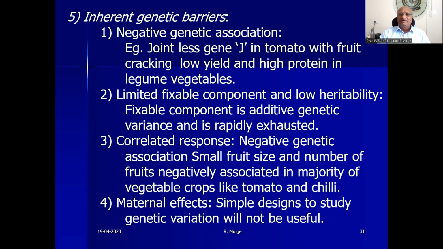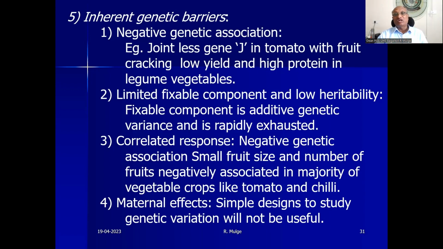For example, one character is favorable for you, but the other, like disease resistance, may be associated with small fruit size, bitter fruit. So many undesirable things can be associated. That itself is the hindrance for crop breeding, the negative genetic association.